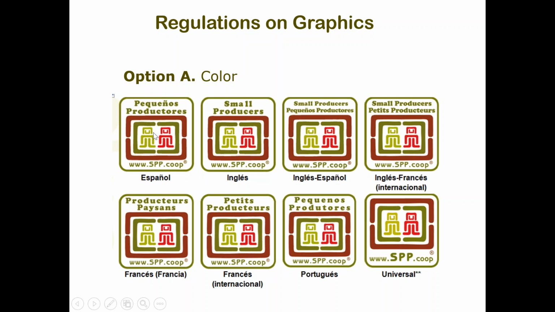The central image represents the union of the producers and consumers, and it's a duality which reflects the balance between these two sectors, the buyers and the producers, but also represents the equality of power between women and men, and they are united by the same purpose.